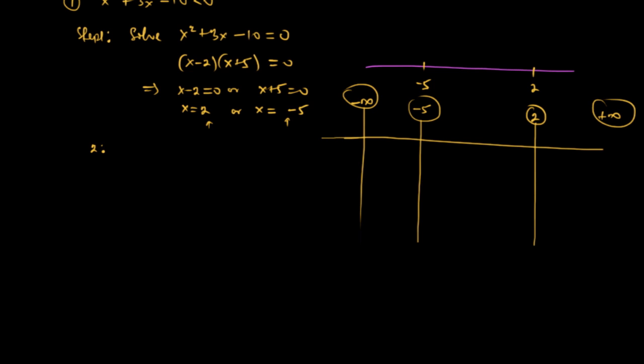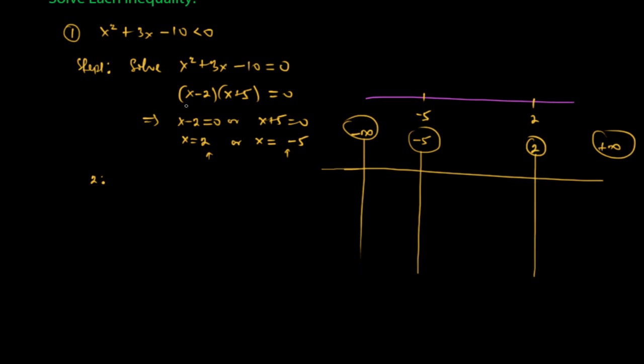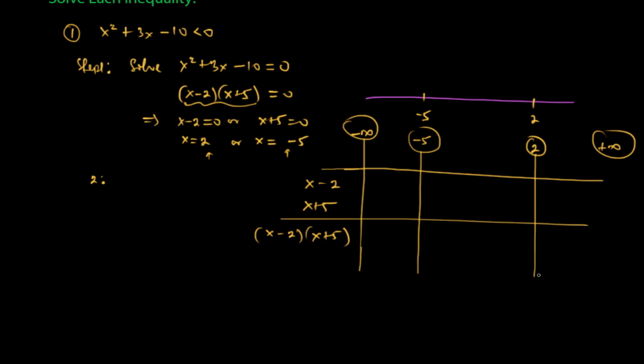Now on factorizing the quadratic function, what we obtained was this. So we'll write x minus 2, x plus 5, and then we have the product, x minus 2 into x plus 5. What we want to find is for which range of values of x the product of these two expressions is a negative number.